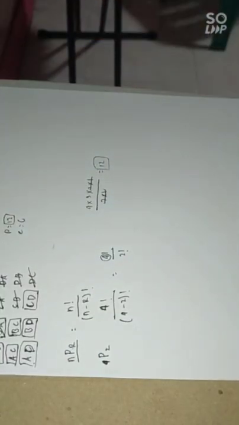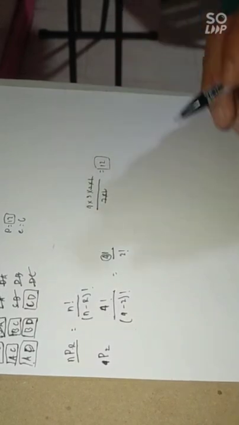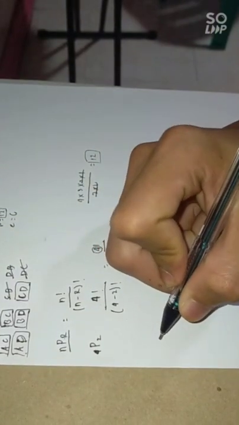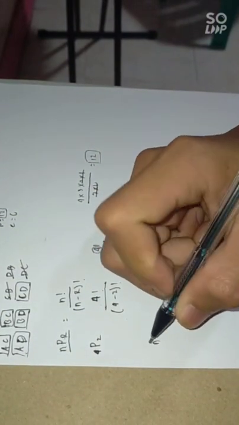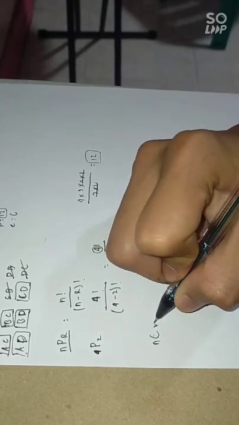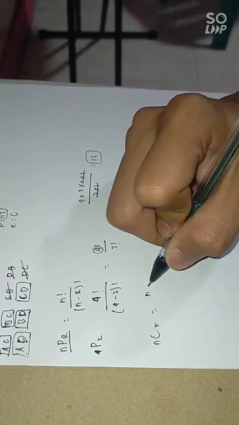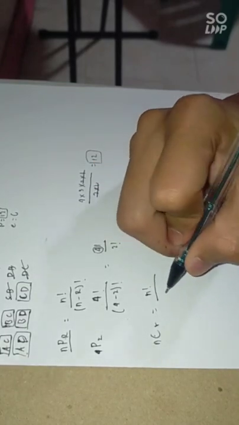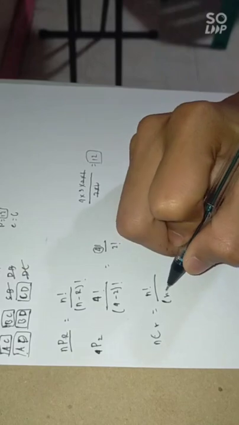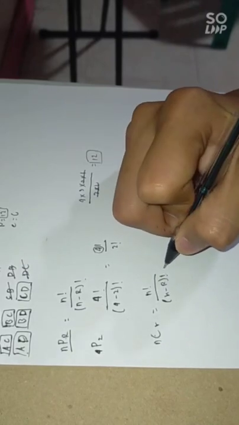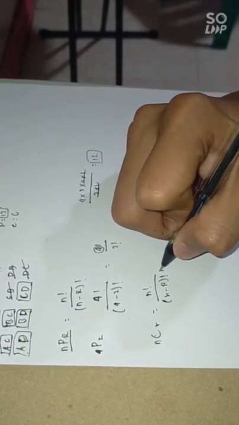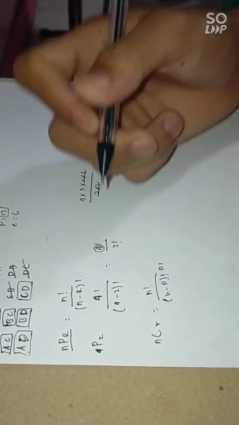So now how can we calculate the combination? What is the formula that we can use? We can use nCr, which is equal to n factorial divided by n minus r factorial, divided by r factorial.